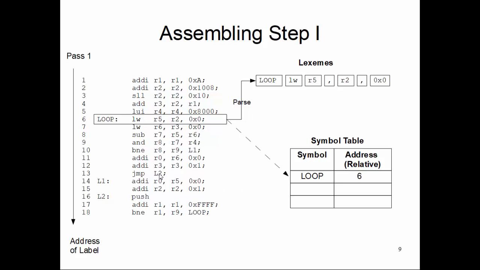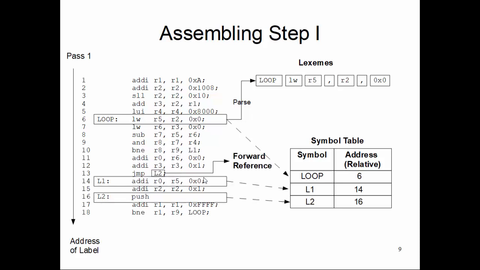If you see instruction 10, it is also an example of a forward reference, because when the assembler parses this line, L1 is not yet there in the symbol table. So this is the forward reference concept.